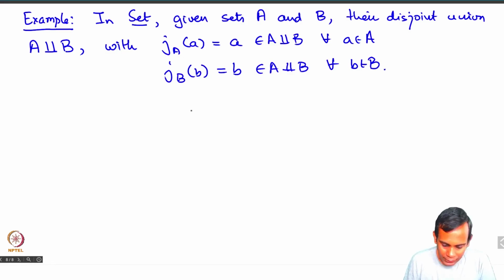Note that we have this universal property, so let's just check that this meets the criteria for being a coproduct.